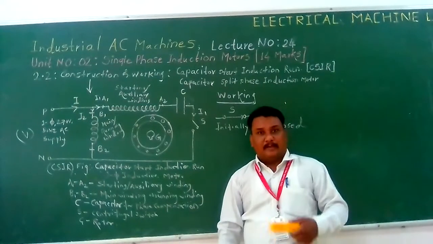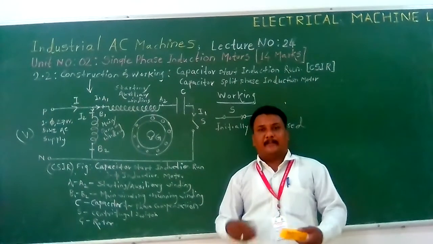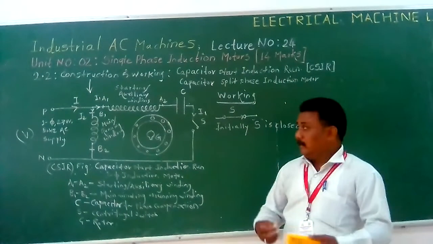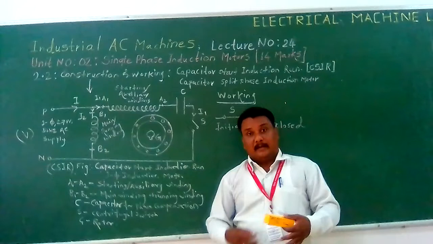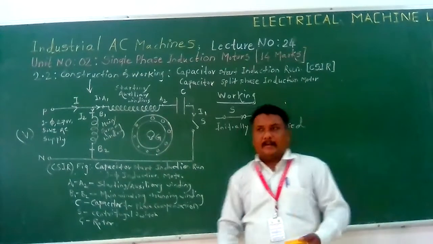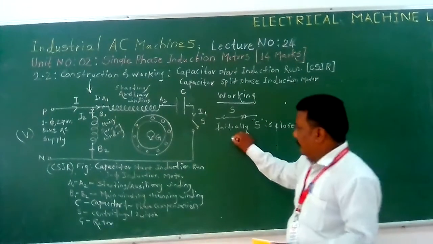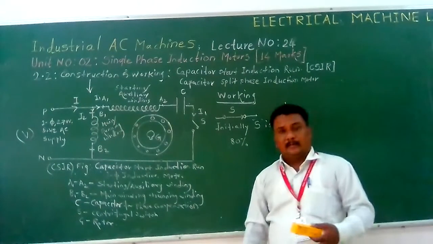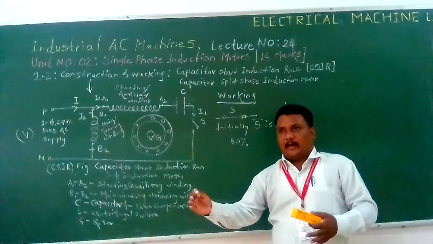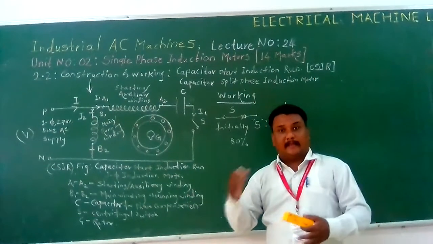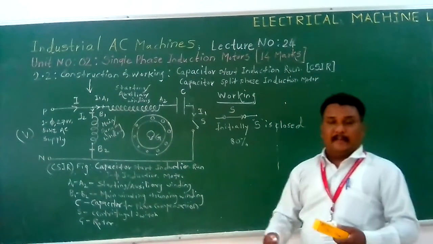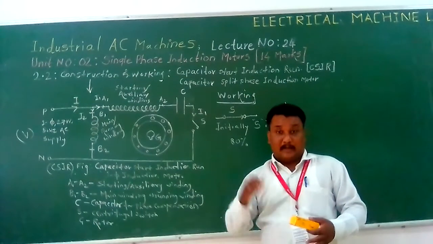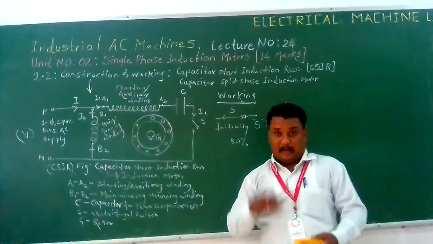We know that by using the phase compensation and phase splitting mechanism, the induction motor can run and a torque is developed at the rotor. Whenever 80% speed is gathered, say we assume that the induction motor has a rated speed of 1500 rpm and its 80% is 1200 rpm, what happens?